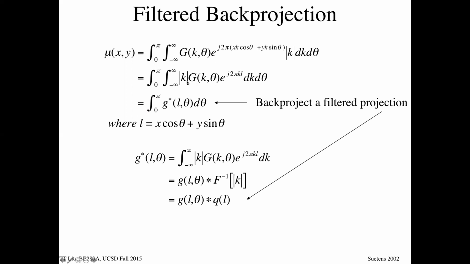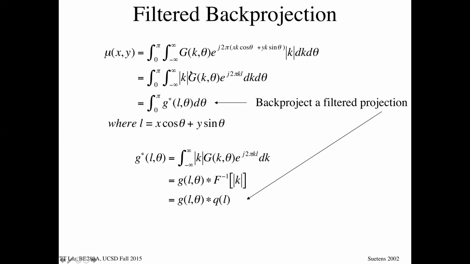So this stuff in here is the inside of this transform. And we'll call that function, which is this 1D Fourier transform in terms of k, G star L theta. So this is not GL theta, it's G star L theta. The reason it's not GL theta, recall, is because we would get GL theta if we did the inverse Fourier transform of capital G K theta.